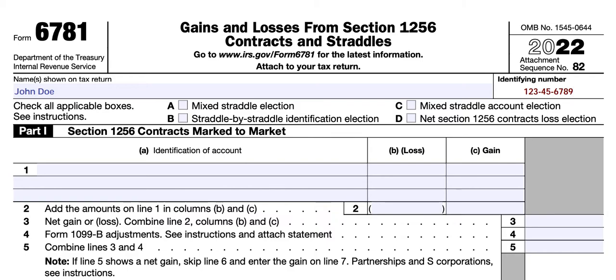A Section 1256 contract, by definition, is any of the following: a regulated futures contract, a foreign currency contract, a non-equity option, a dealer equity option, or a dealer securities futures option.